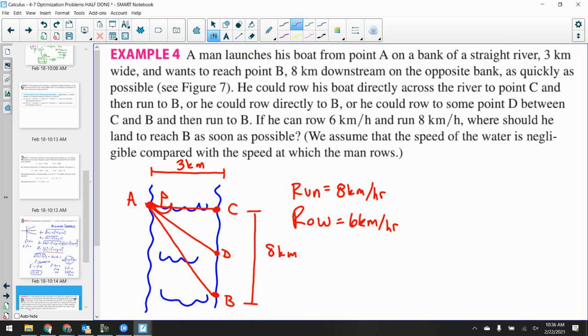Sorry. What are we looking to do? Minimize time. That's what we're looking to minimize.